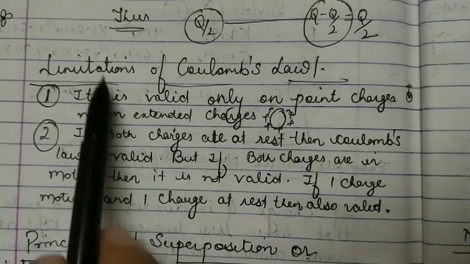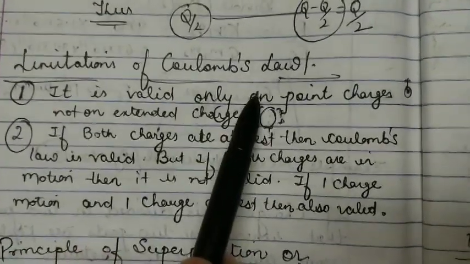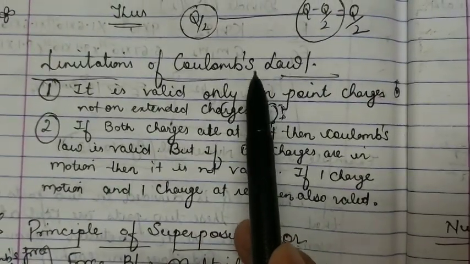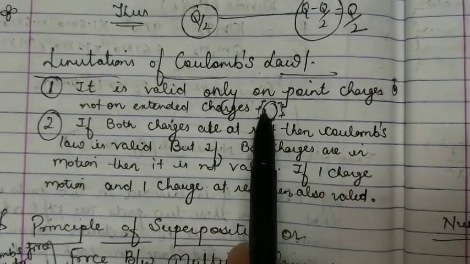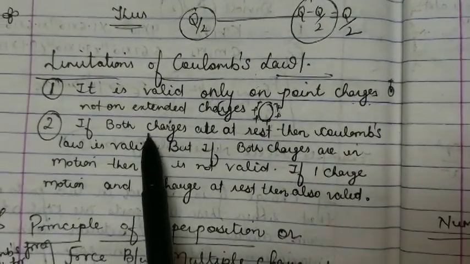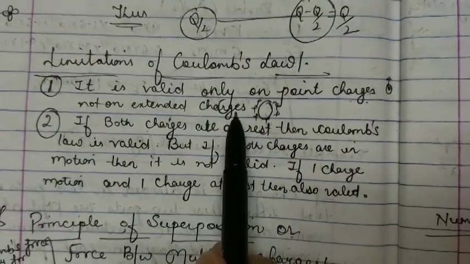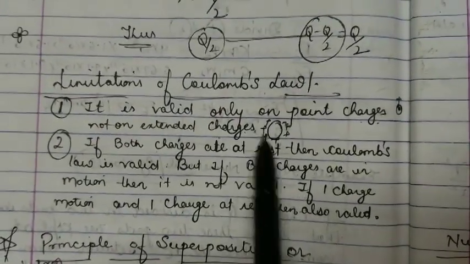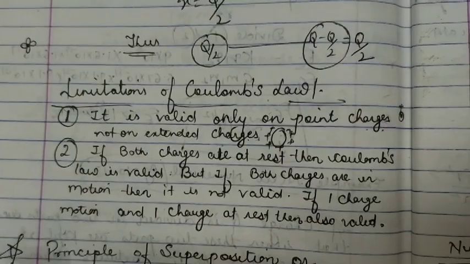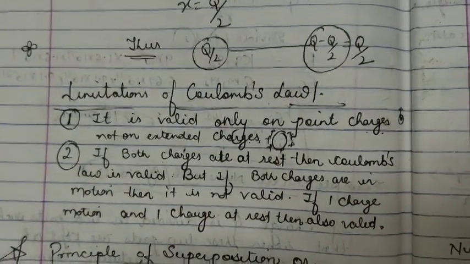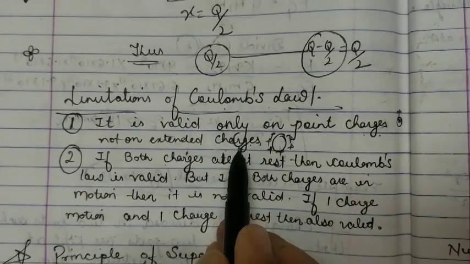Next topic is limitations of Coulomb's law. Coulomb's law is valid only for point charges. It doesn't tell about extended charges. It means if we have extended charges, meaning full charge on a body or continuous charge, then we can't apply this formula.